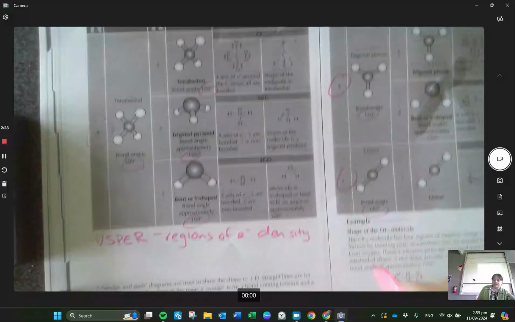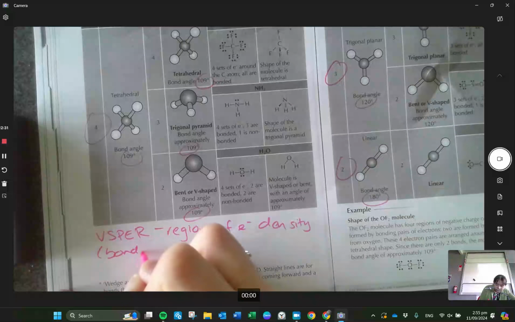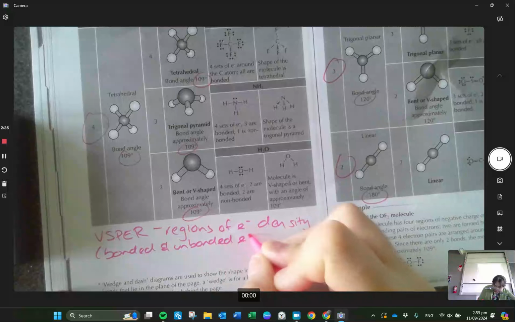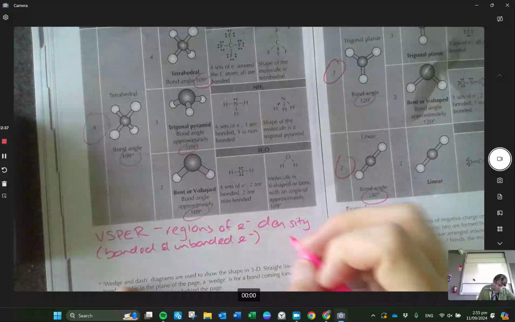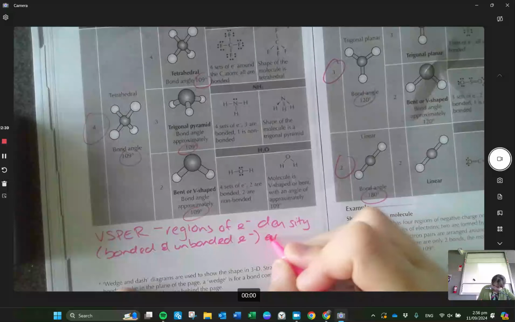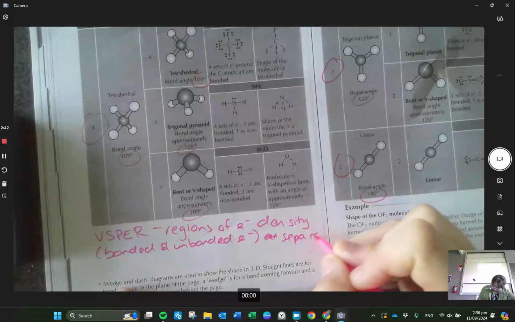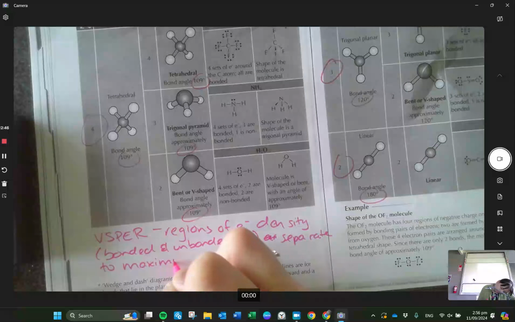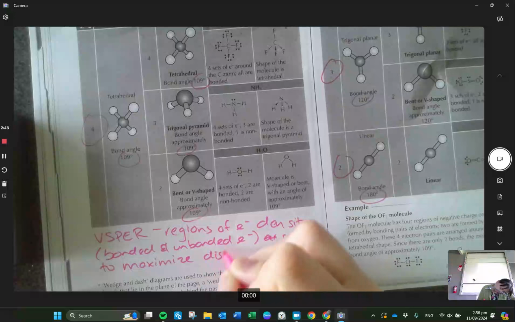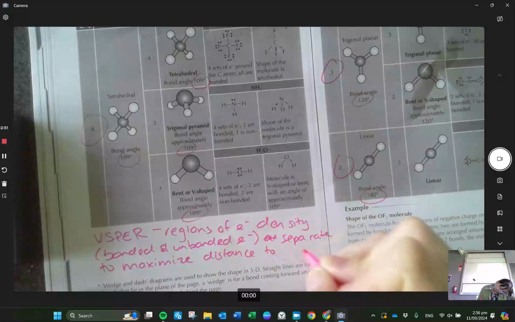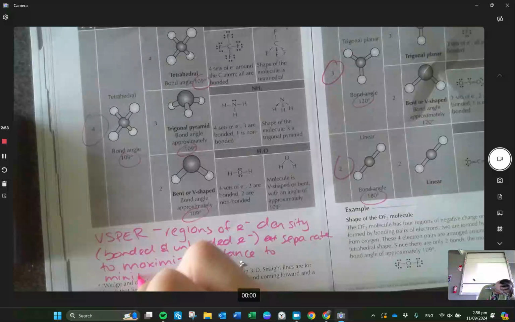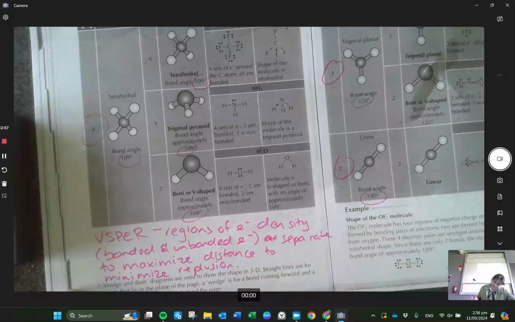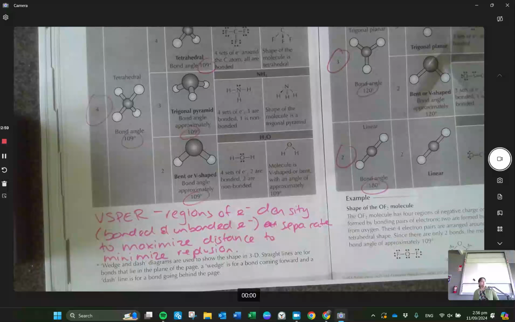When we say electron density, we're talking both about bonded and unbonded electrons. Maximize distance to minimize repulsion.